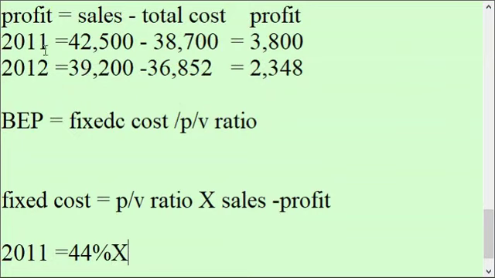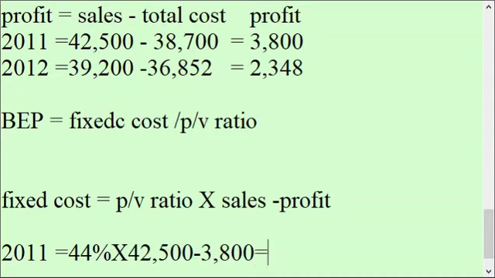Sales for 2011 is 42,500, minus profit. Sorry, profit is 3,800. PV ratio is 44%. 2011 sales is 42,500 and profit for 2011 is 3,800.